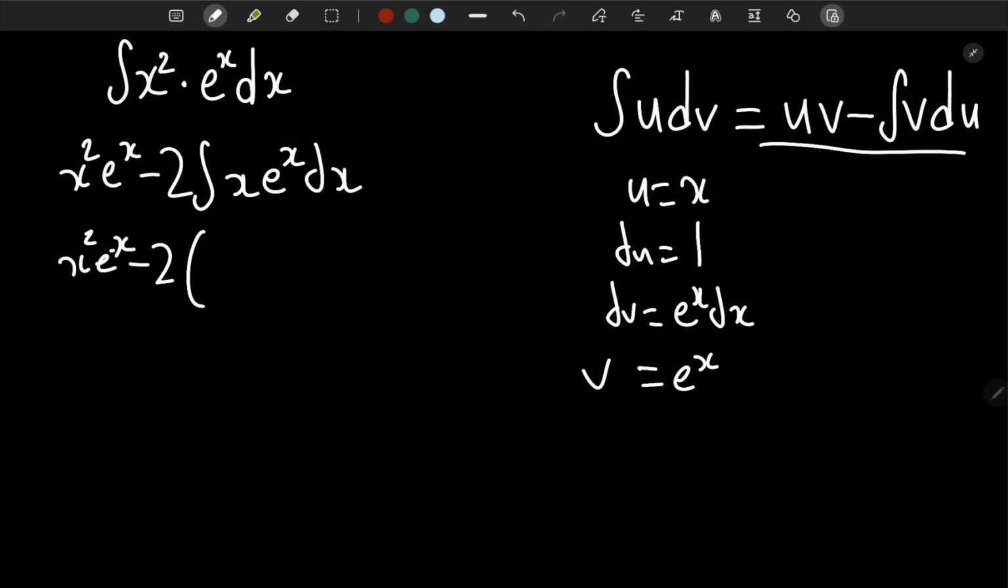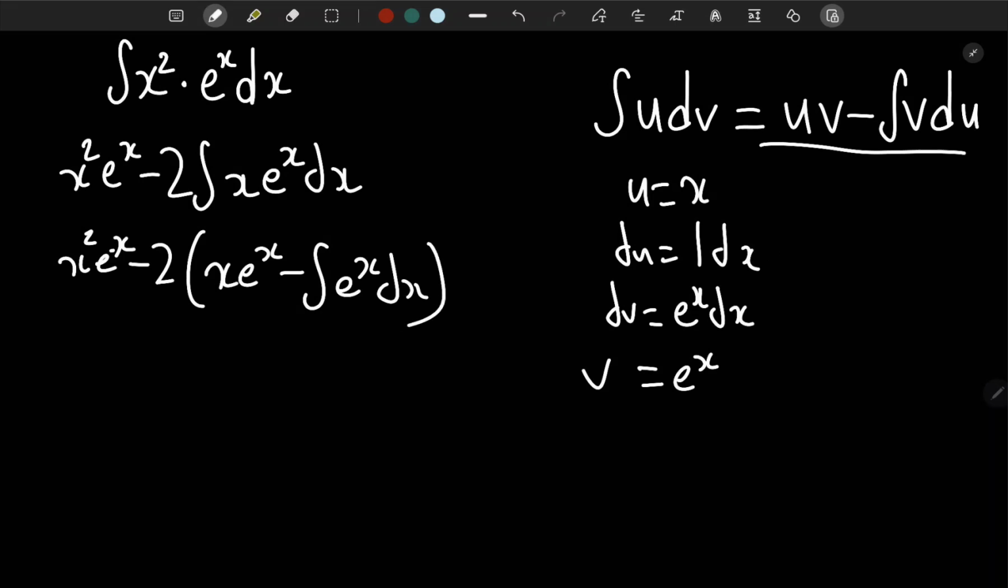So again the same formula, and with these values now. So uv, u is x, and v here is e to the power of x minus the integration of v, which is e to the power of x, du, which is 1. I'm just going to remove it. So it's the same thing. And I forgot to mention that there's dx over here.